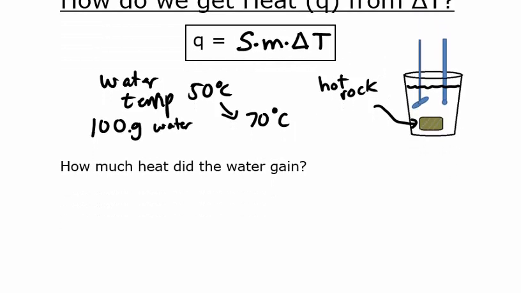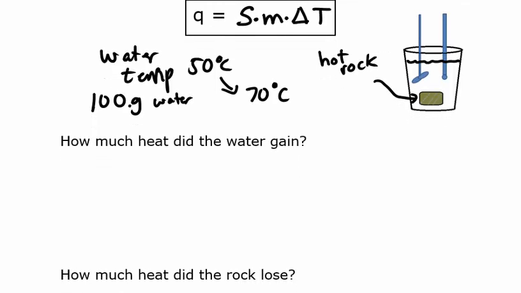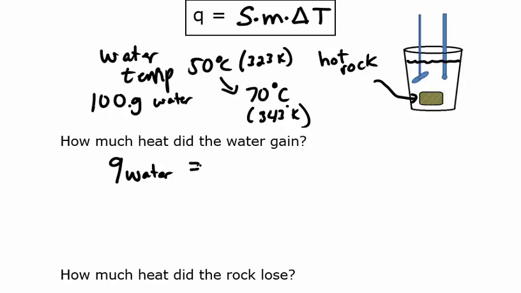First of all, temperature, we can write what those temperatures are in kelvins. 50 is 323 kelvins, and 70 is 343 kelvins. All right, so first we're going to use this equation to figure out how much heat the water gained. Okay, so the heat for the water is going to be equal to the specific heat of the water times the mass of the water times the change in temperature for the water.